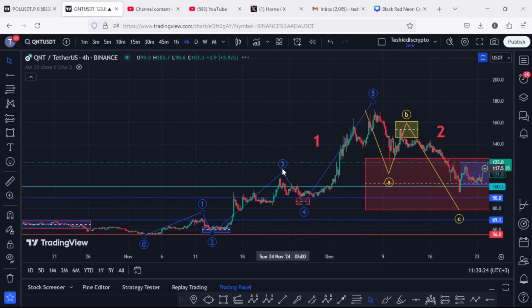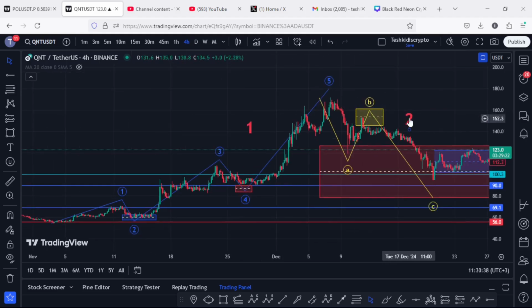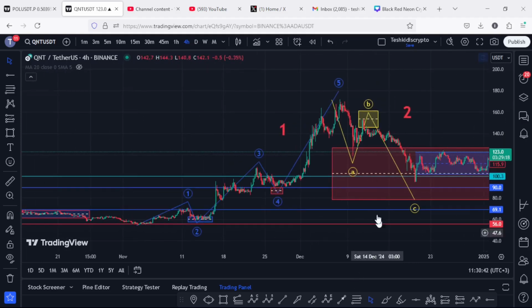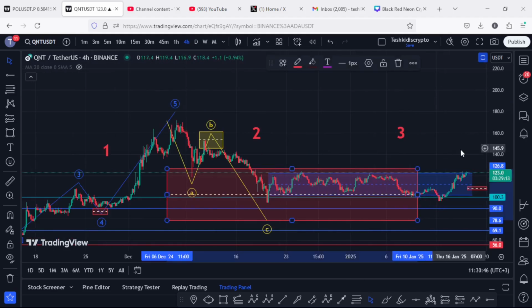And zooming out on the charts, you can see that we pushed impulsively from the lows we made on the 4th of November in a 5-wave structure over here that topped above the $172, completing the formation of this wave 1. Then we started a larger pullback in the formation of this wave 2, whose minimum target areas I have marked on the charts using this red target area that lies between the 78.6 and the 126.8.